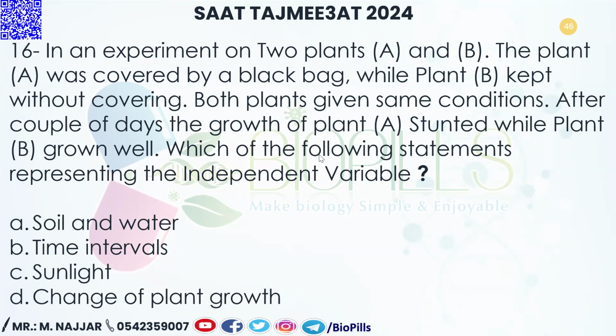It's a very simple question. The independent variable is the variable that we are testing, manipulating, and changing. The one that we change by our own here is the sunlight.